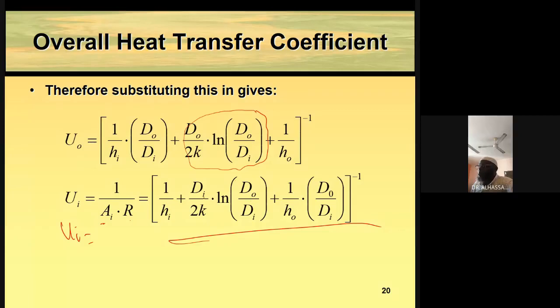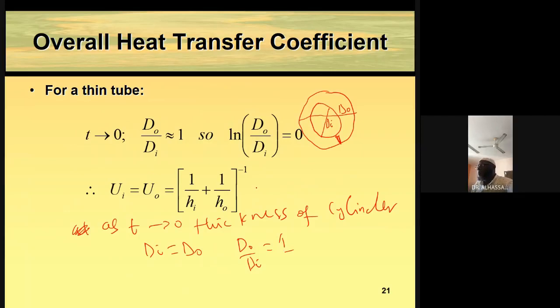So the whole of this will be 0. Then we will have 1 over here. So eventually the whole equation reduces to UI equals 1 over HI plus 1 over HO, all raised to the power minus 1. And that's what we have over here. So this assumption is very essential.